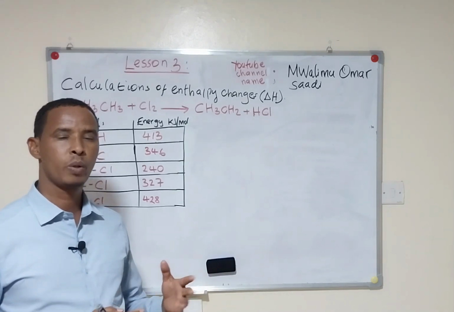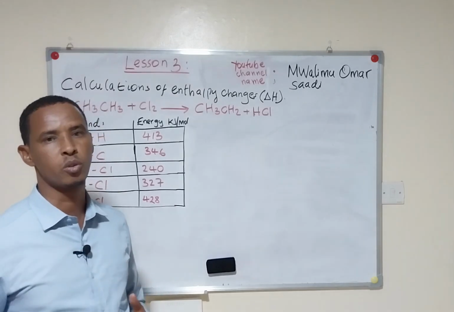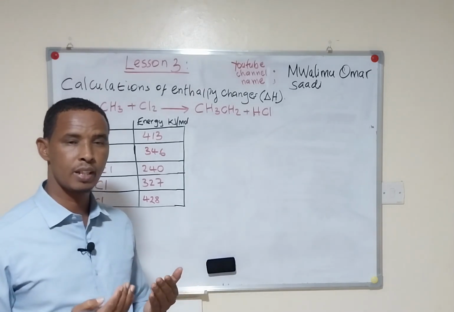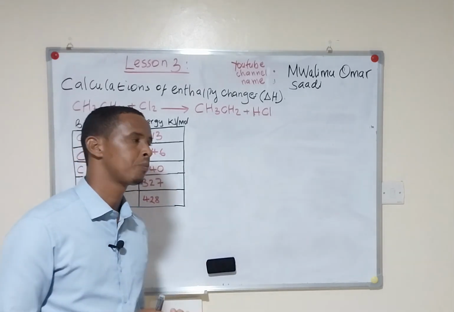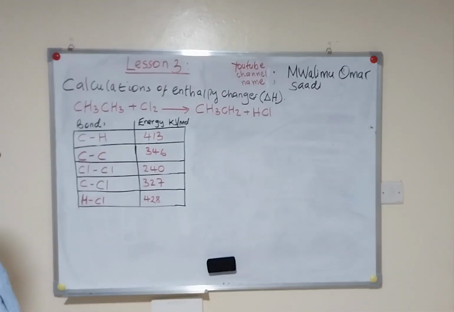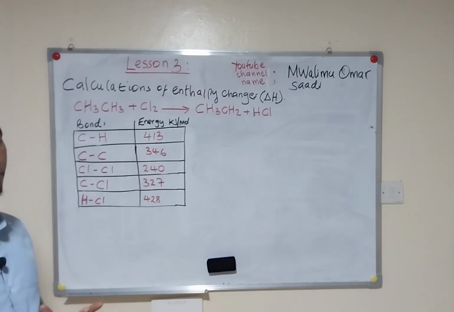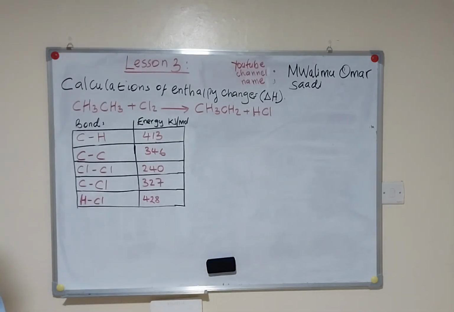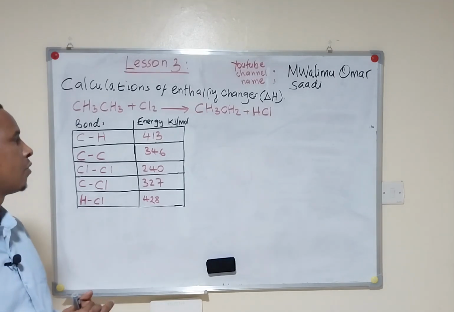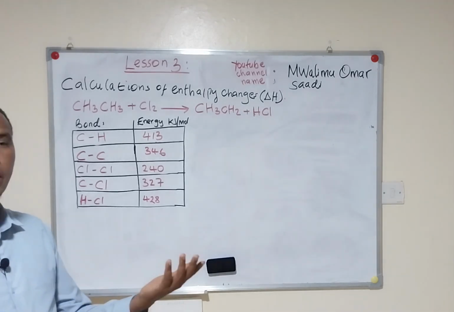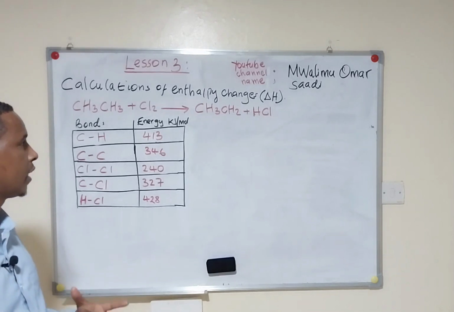And during bond formation, energy is released to the surroundings, which is exothermic. So when calculating the enthalpy changes, you add up the bond energy of the reactants, and you add up the bond energy for the products.